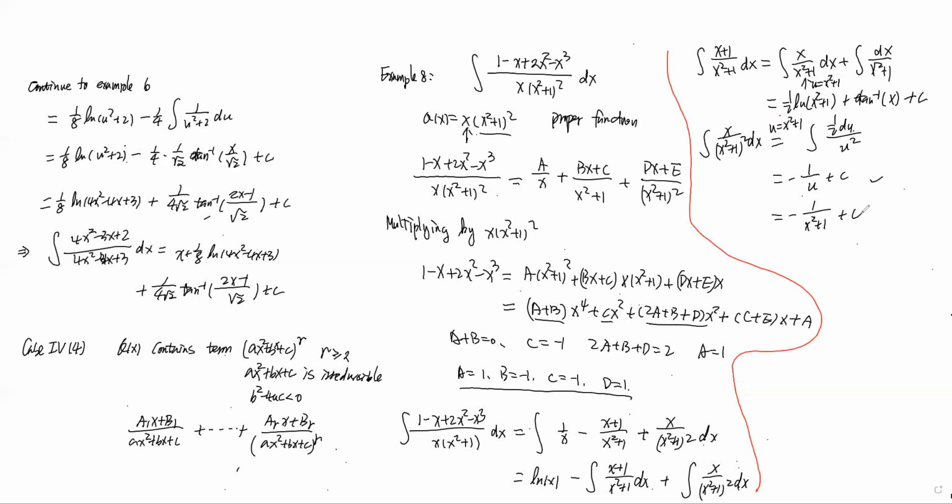Oh, I think I'm right. Probably not. Here I forgot a half. So if we combine all of them together, we have the integral of 1 minus x plus 2x squared minus x cubed over (x squared plus 1) squared dx, which is, we just combine all the terms together, ln of x minus half ln of (x squared plus 1) minus arctangent of x minus 1 over 2(x squared plus 1) plus c.